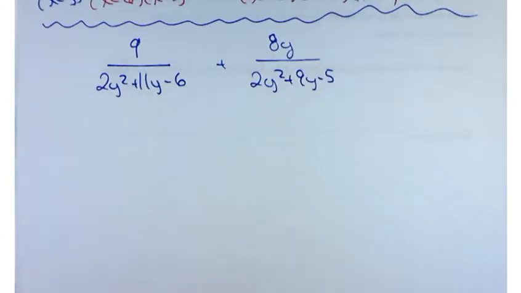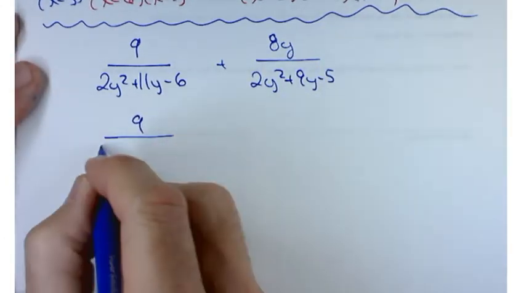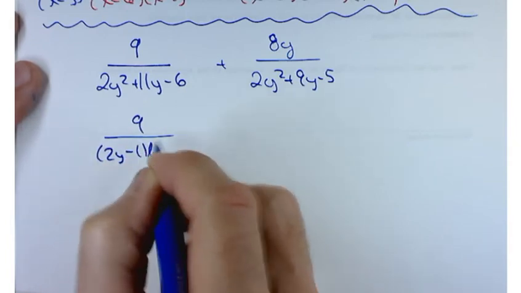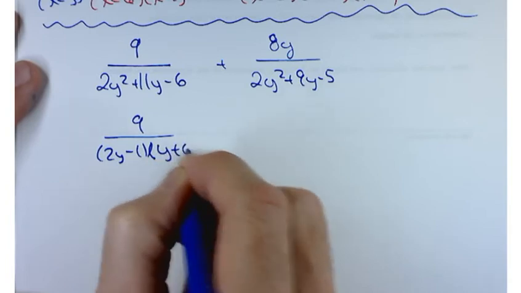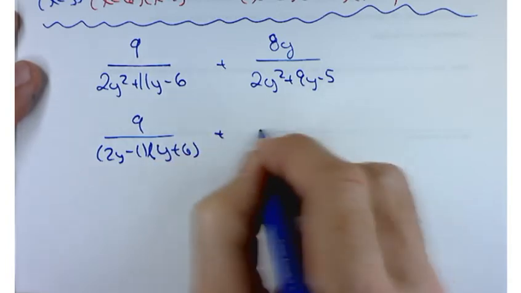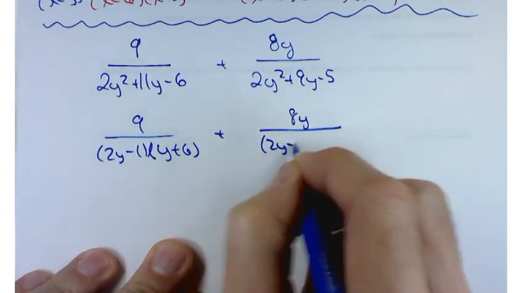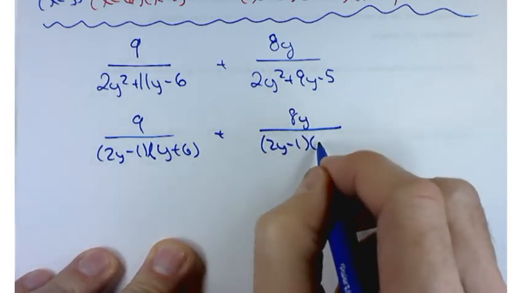Now we did this one earlier. We know how these things factor. In the denominator, that factors as 2y minus 1 times y plus 6. And this one factored as 2y minus 1 times y plus 5.